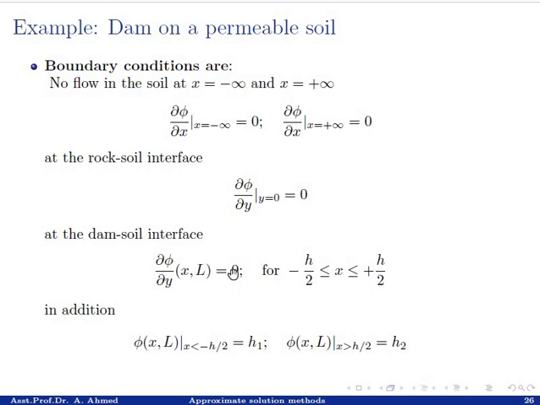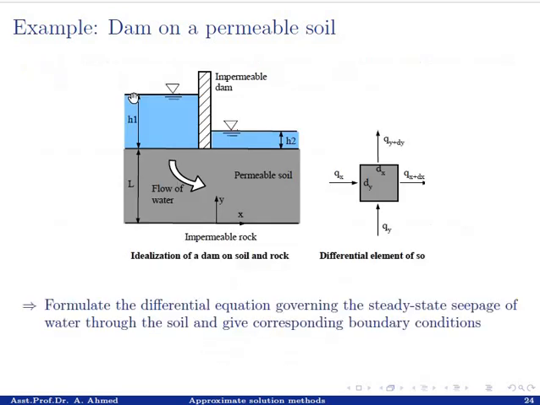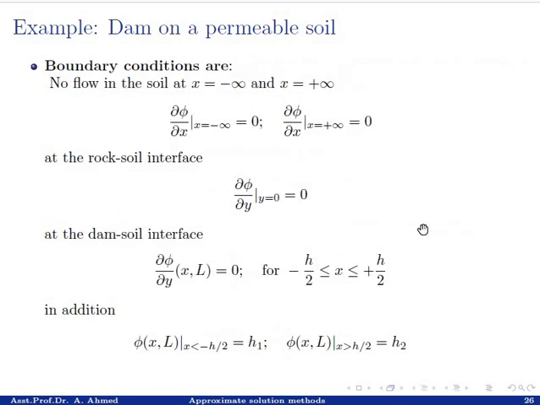Now we have to supplement this differential equation with other equations which define the boundary conditions. We know that there is no flow in the soil at x equal to minus infinity and plus infinity. So at this point and at this point, at x equal to minus and plus infinity, there is no flow into the soil. So the change in potential with respect to x, evaluated at x equal to minus infinity and plus infinity, must be equal to 0.